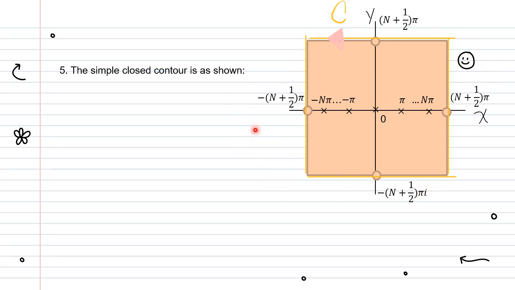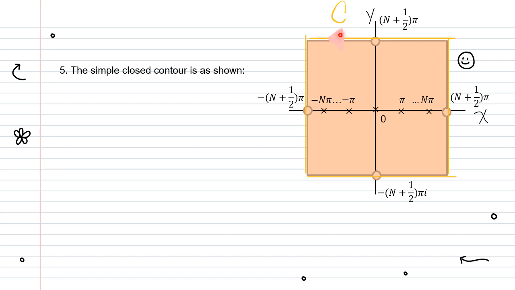It has different singularities over here on pi, on 0, negative pi, and also on negative n times pi, and also n times pi. We also get these specific points, n plus 1 over 2 times pi, and we get this curve that is closed and simple and that follows this orientation.